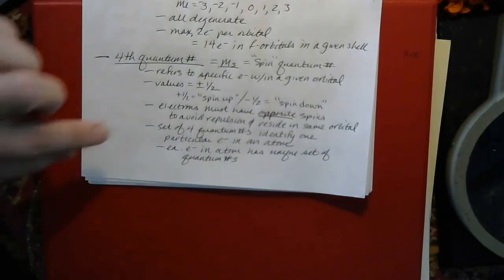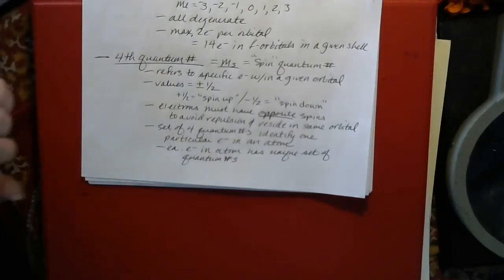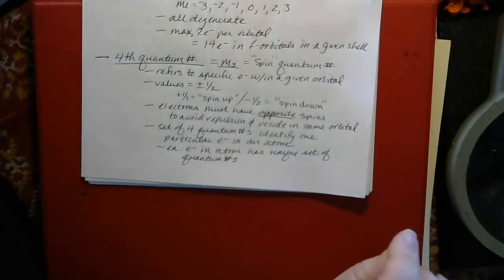And it also means that each electron in a given atom will have a unique set of the 4 quantum numbers.